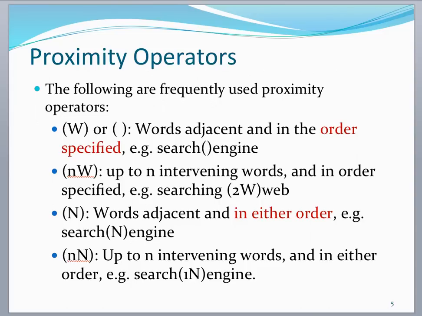Okay, so you may use for example NW, and that means that you're going to search in words that are 2 words out of the search terms. If you use N, words adjacent in either order, so they can be before or after. Okay, so these are examples of proximity operators, and we're going to see these in a few minutes in a database.